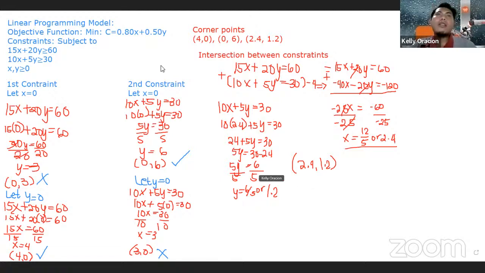Let's substitute everything. Our objective function we have here is C is equal to 0.80x plus 0.50y.